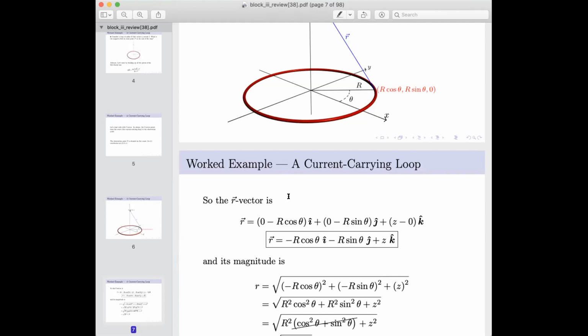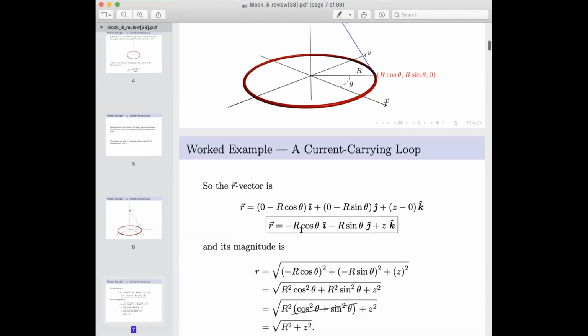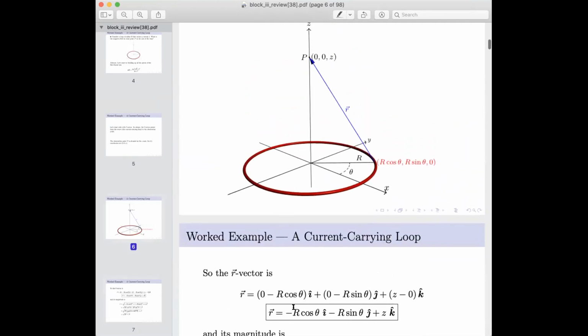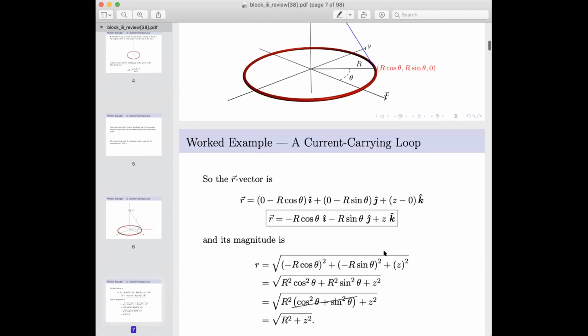So our vector has negative r cosine theta in our i hat direction, negative r sine theta in the j hat, and then just the vertical distance z in our k hat direction. We all good so far? I don't see any chat questions, so I'm going to take that as a good sign.